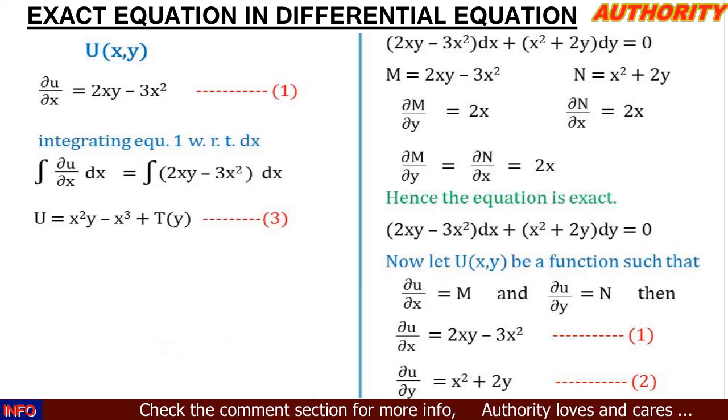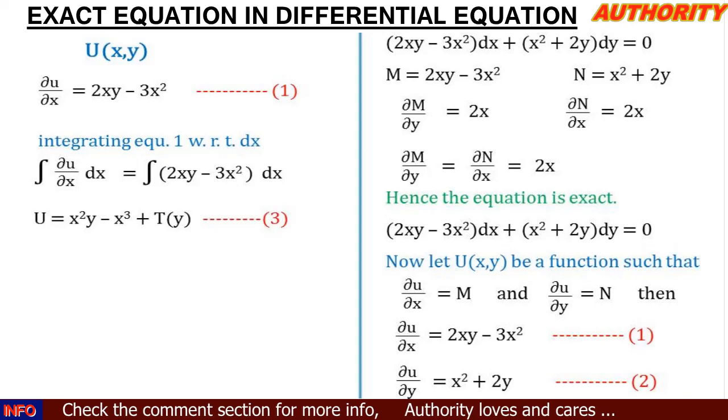We are looking for a function u such that when you differentiate it partially with respect to x, it gives you 2xy minus 3x squared, and when you differentiate it partially with respect to y, you have x squared plus 2y. Here we are beginning to have the function u equals x squared y minus x cubed plus t of y.